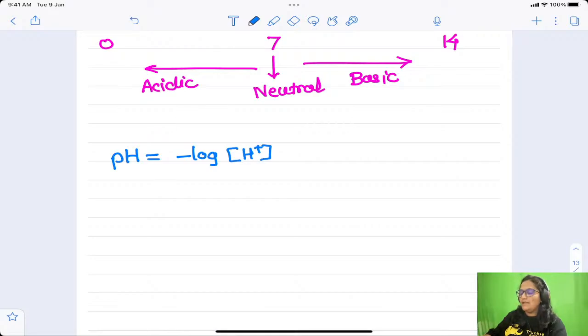Then we have seen some questions for calculating the pH of solutions. That was for the pH. Now let us see some more questions with this concept.